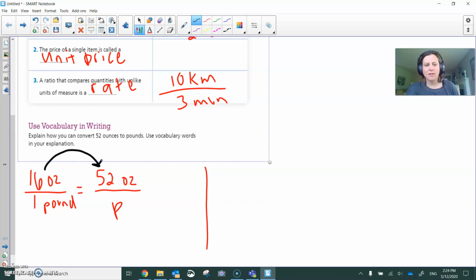And the way that you figure out what to multiply a number by to get another number is you divide in reverse. So if I did 52 divided by 16, I have a calculator here.